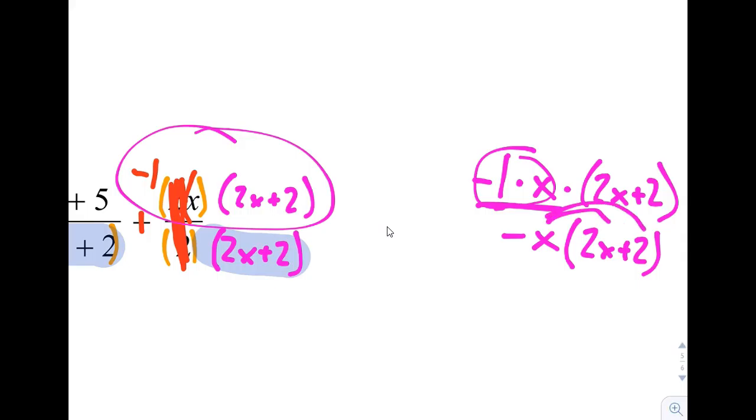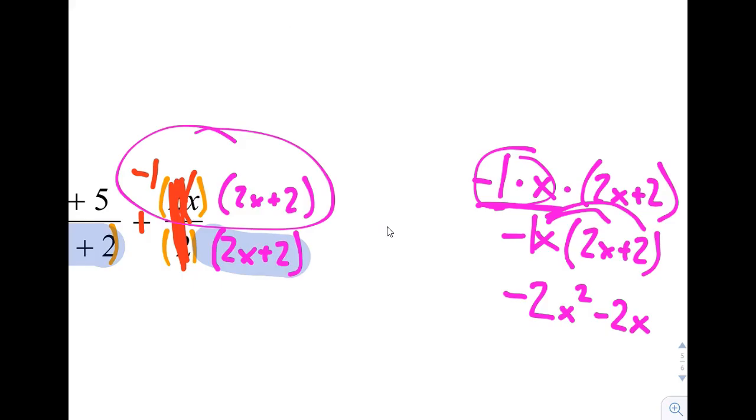So negative x times 2x, I'll make this a negative 1x just to make it clear what we're doing. Negative 1 times 2 is negative 2. X times x is x to the second power. So negative x times 2x is negative 2x squared. Negative x times 2 would be negative 2x to the 1 power.